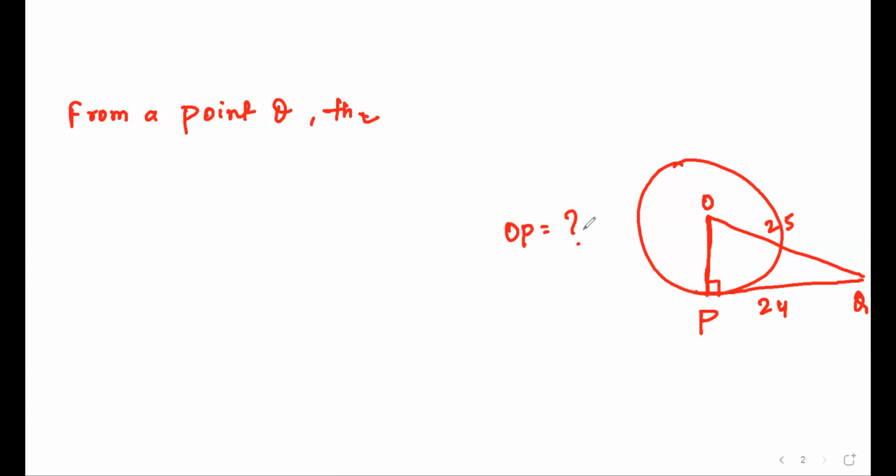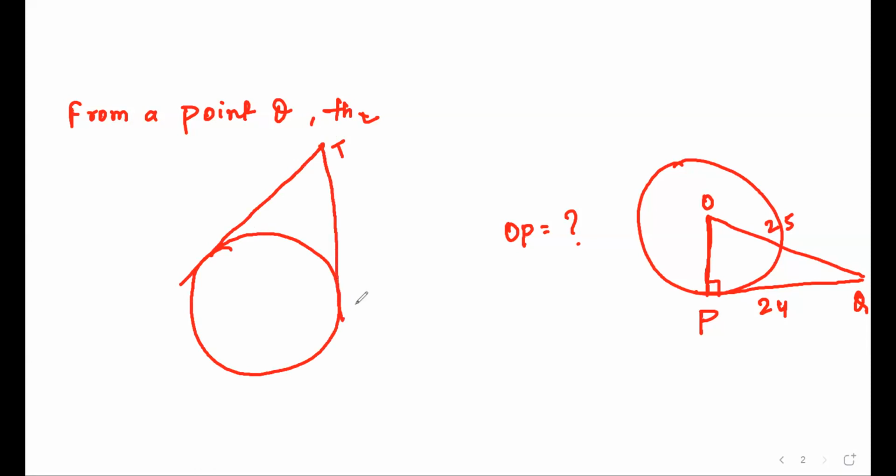The second question, where the figure is given like this. And there is a point T over here. We are dropping a tangent like this and a tangent like this.